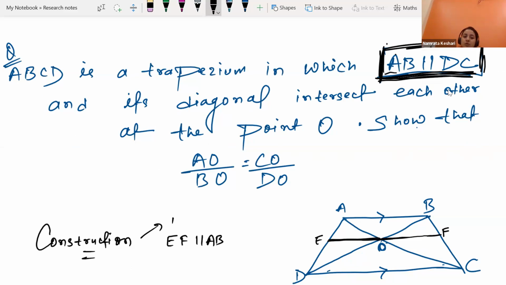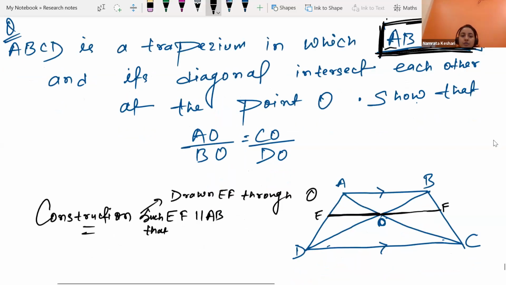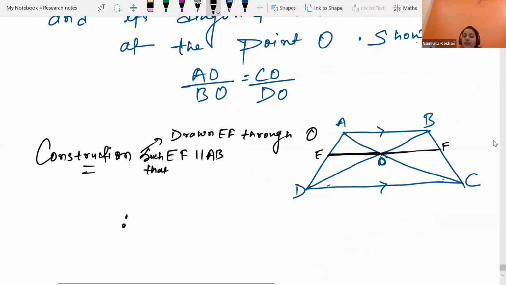We have drawn EF through O such that EF is parallel to AB. Therefore, EF, AB, and CD are all parallel with each other.